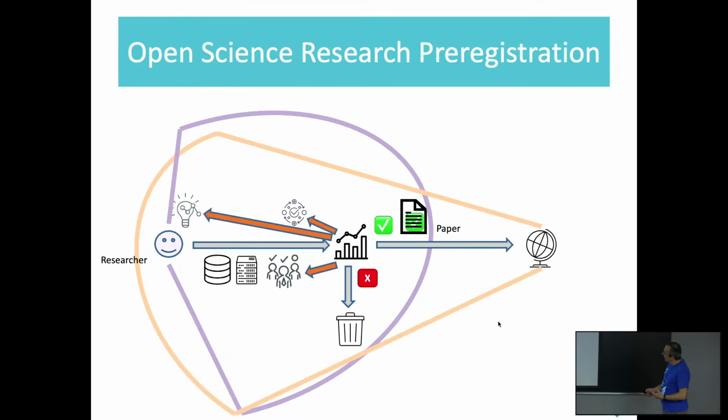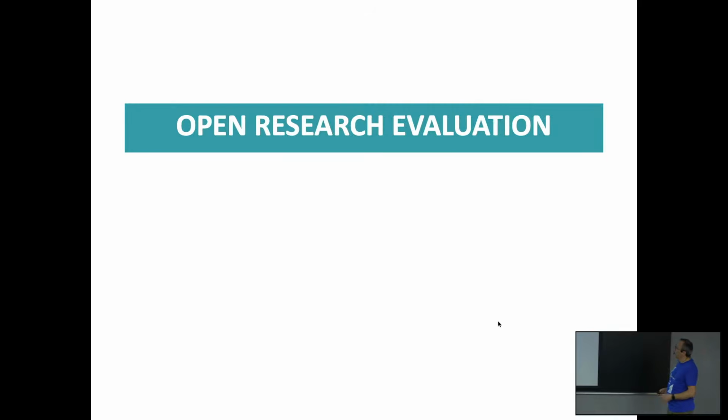Nothing goes to the garbage can, even your cycles on the hypothesis. There are even organizations that allow you to register your hypothesis and your methodology ahead of time. There are thousands of registrations there, so it's not just an idea in the mind of someone.